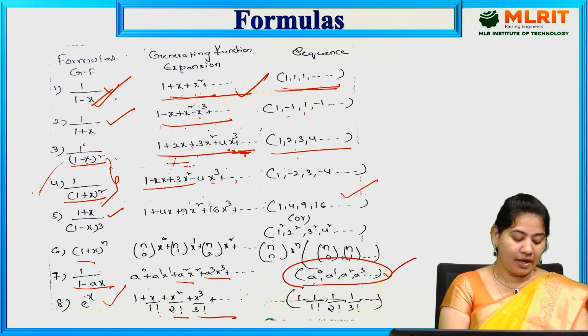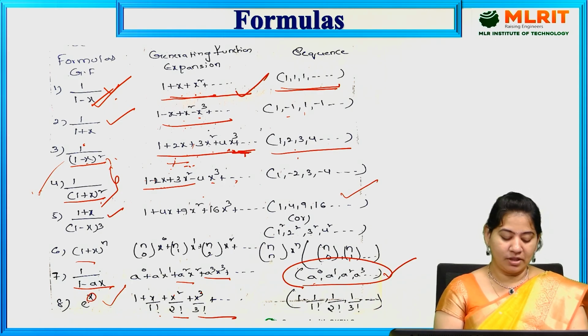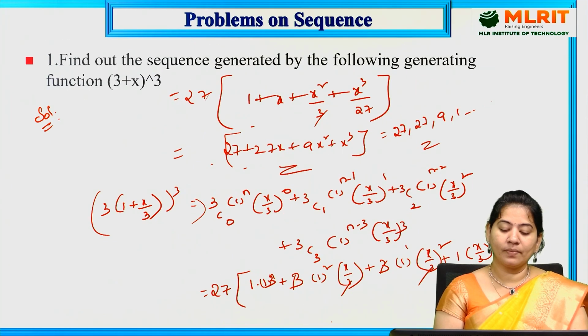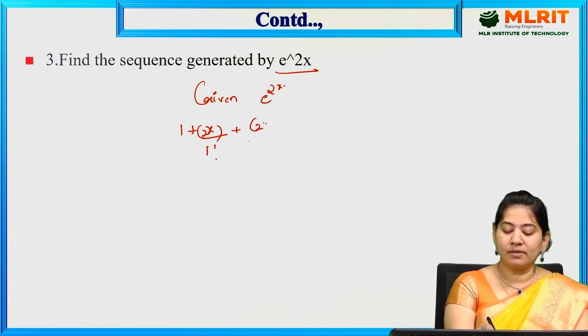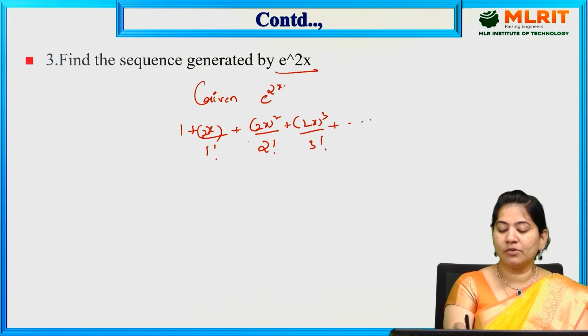Here in place of x we have 2x. So write it down: 1 plus 2x by 1 factorial plus 2x square by 2 factorial plus 2x cube by 3 factorial plus so on.